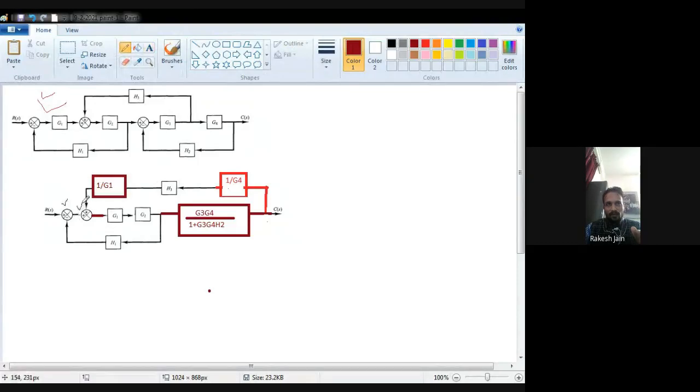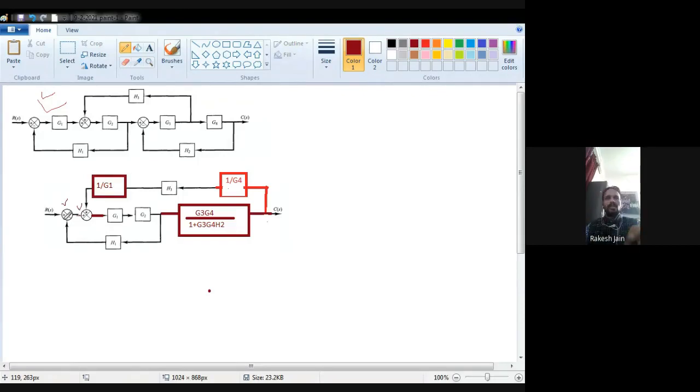So now what I want to say is that we can move this summing junction from this place to this place easily. Okay, I just shift this one a little bit. So this will become here like this, and this will become here.